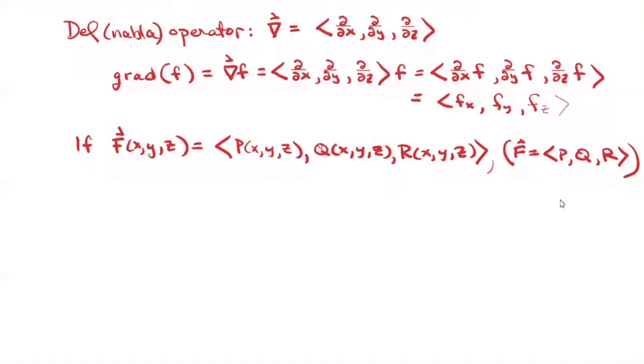So for this vector field, capital F, there is the curl of F, which is easiest to write as just del cross F. And I almost don't like going any further than that, because if I go further, then it gets ugly, if you know what I mean.